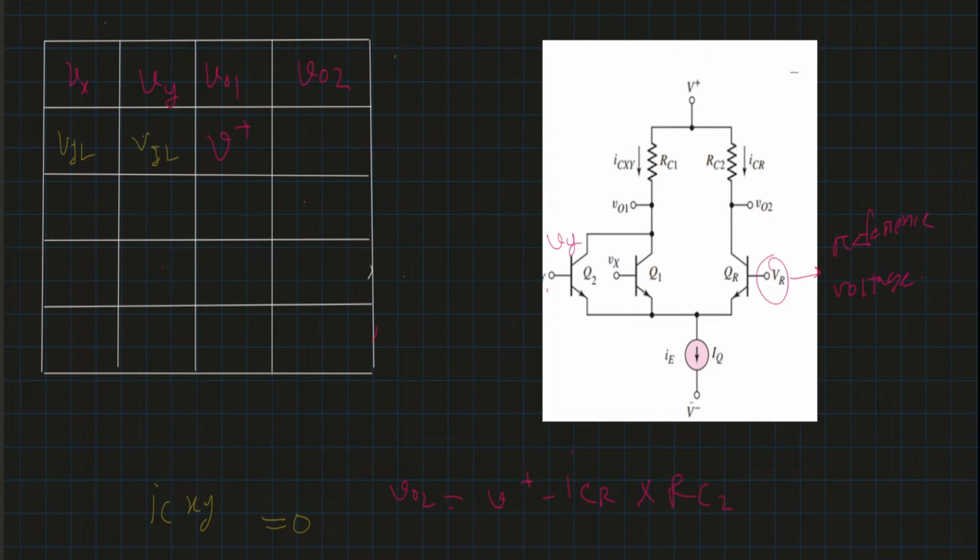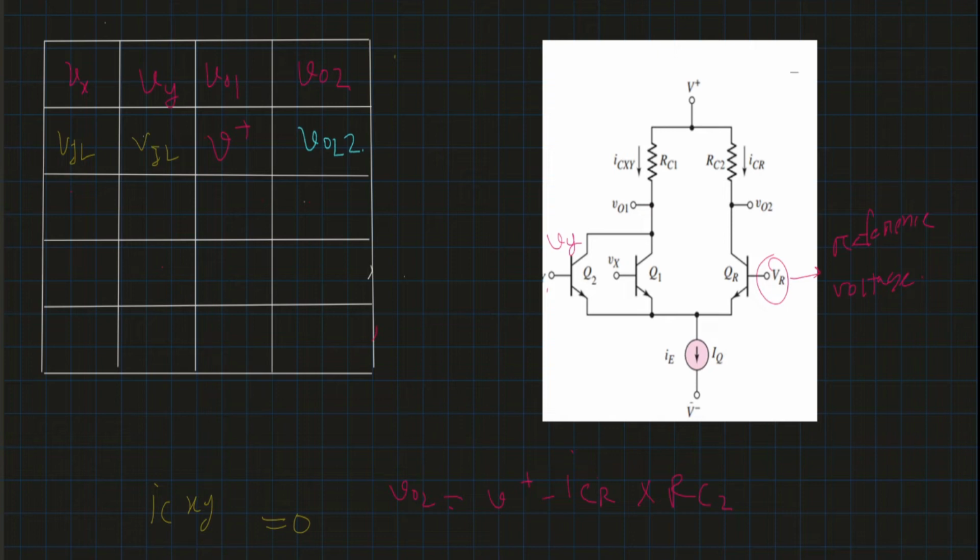If this resistance value is large, then this VO2 will be quite a small value, and we can assign this value to be logical low, and we can write it as VOL2. Here VO is output, L is logical low, and 2 means for VO2.